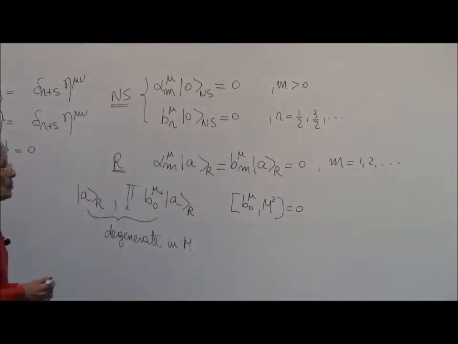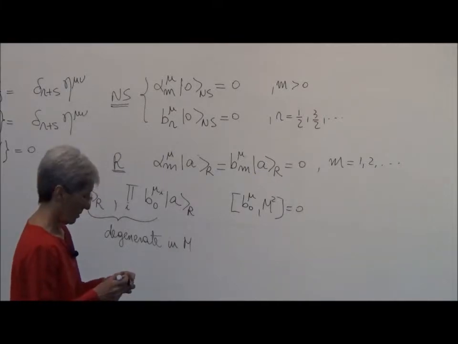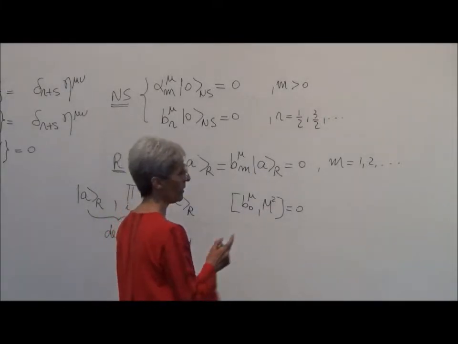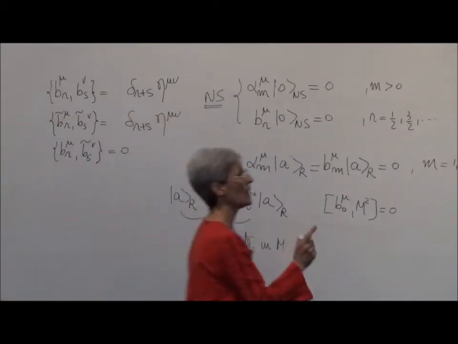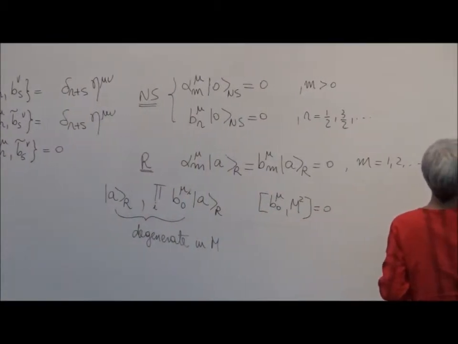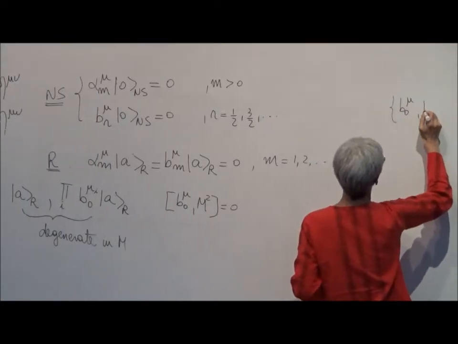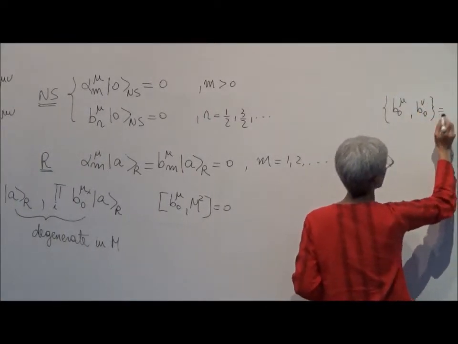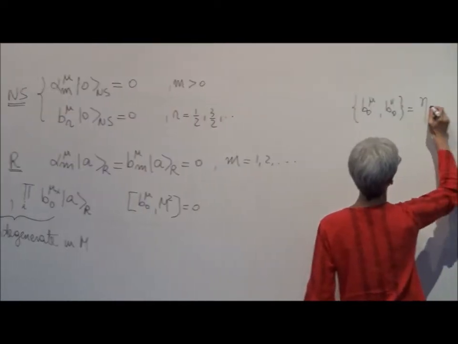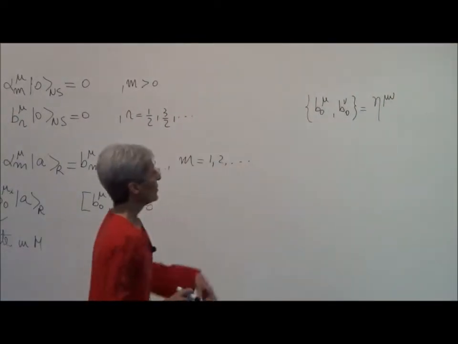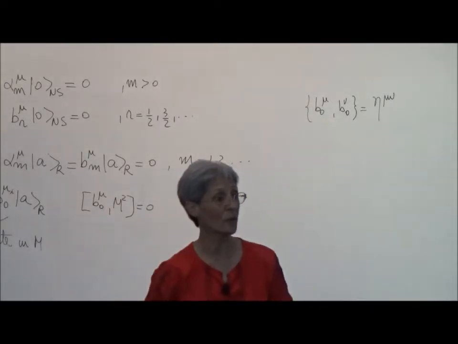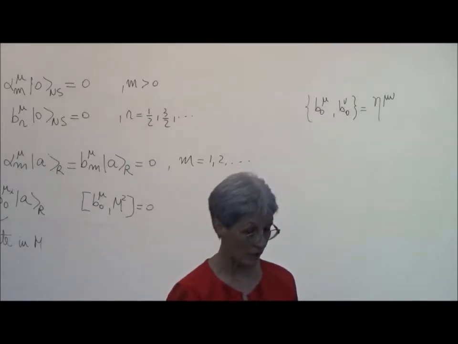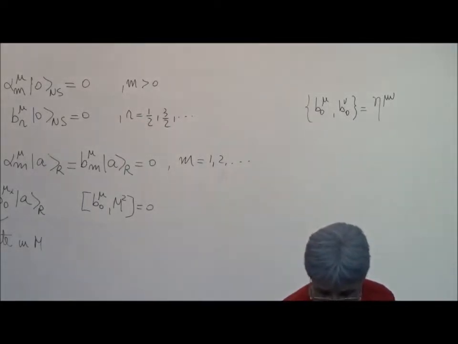One thing is important to see: if you look at this anticommutator between b_r and b_s, for the zero mode, b_0, this gives the Clifford algebra. So this is basically the Clifford algebra. So we can identify the zero modes of the Ramond sector oscillators as gamma matrices.